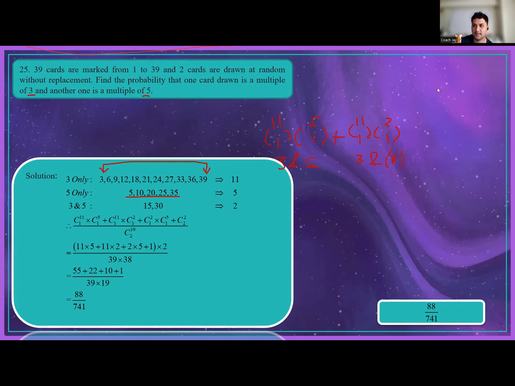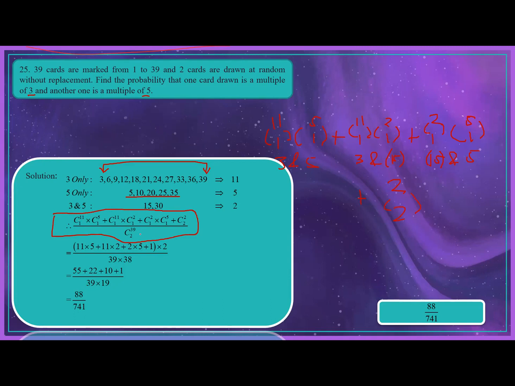Next plus 2 choose 1 and 5 choose 1, for 15 and 5. Plus the term when you get both multiples of 15, so 2 choose 2. So in total, this is the equivalent for that.